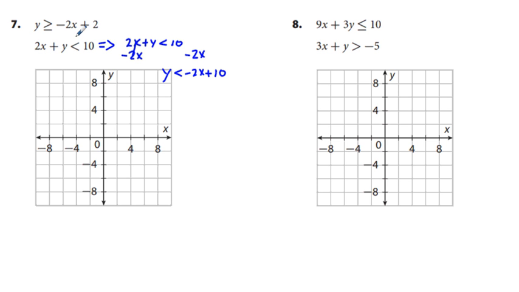Okay, I'm going to do this first one up here. We go to the y-intercept first, 2, and then we have -2 as our slope, which is down 2 over 1, so down 2 over 1.